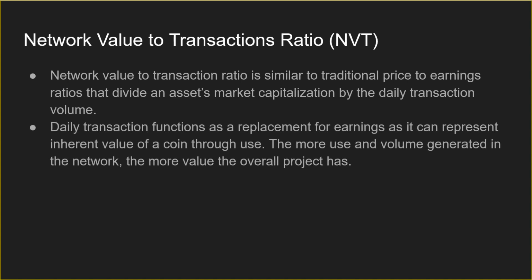Daily transaction volume functions as a replacement for earnings, as it can represent inherent value of a coin through usage. The more use and volume generated in the network, the more value the overall project has. Essentially, more people are using it. We're gauging that metric. The more transactions, the more volume generated within the network, the more it indicates user interest.